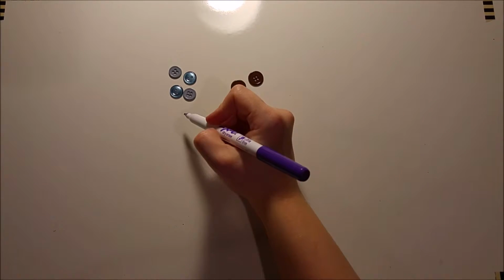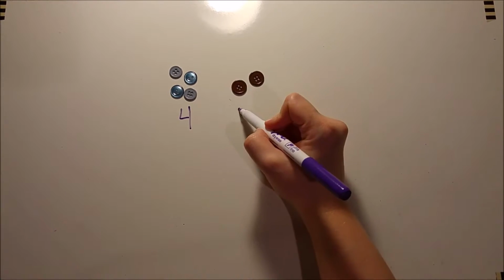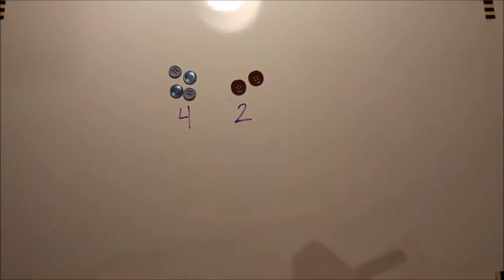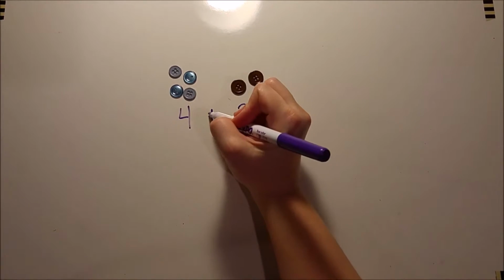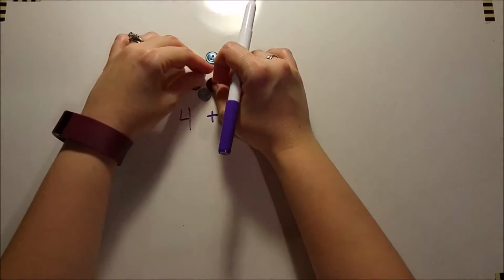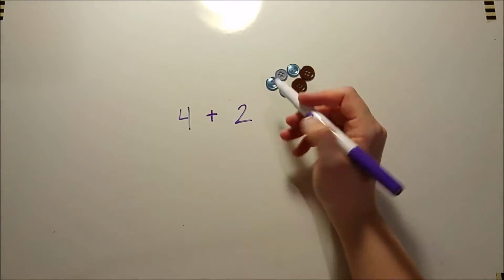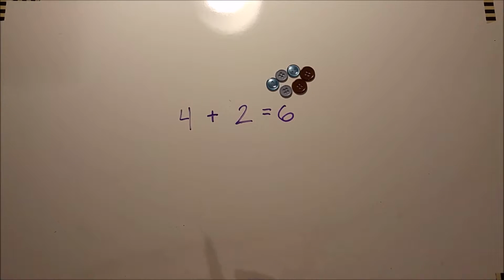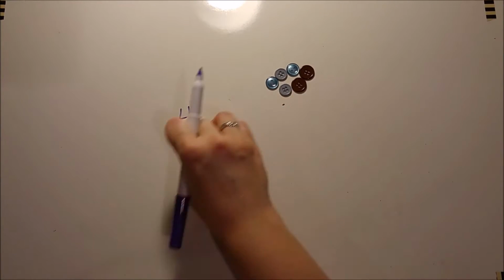We have 4 blue buttons and we have 2 brown buttons. When we combine them, we are going to add them together. That's our plus sign. So combining them, we have 6 buttons.